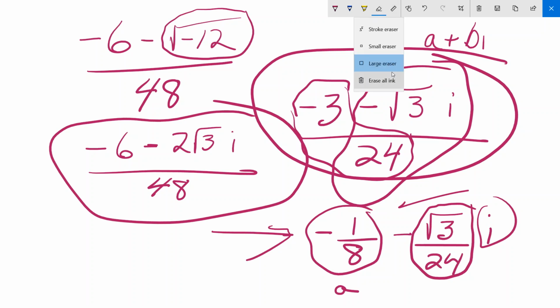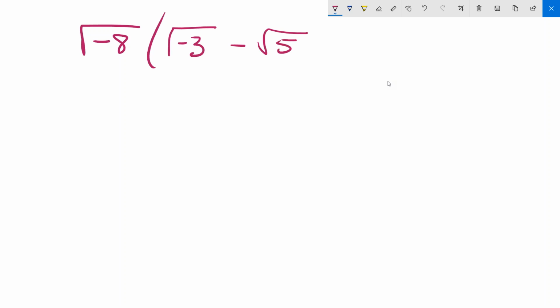Okay? What else? And then, so it'd be square root of -8. And then parentheses, square root -3 minus square root 5 and parentheses. Like that? Yes.